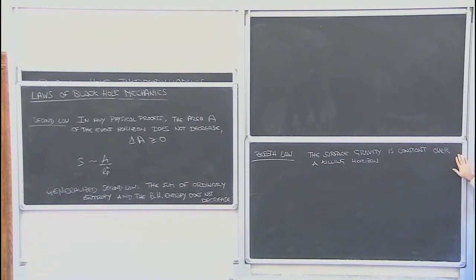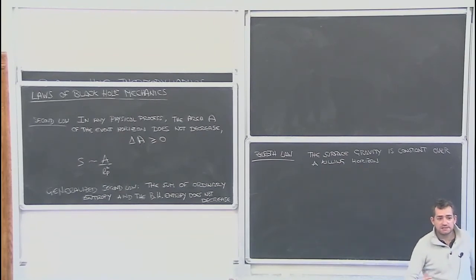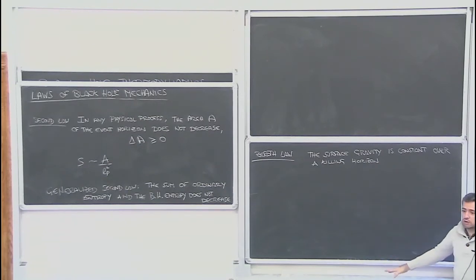Again, it's a property of general relativity, something that you can demonstrate in general relativity. And now we want to make the connection with thermodynamics. This is parallel to the zeroth law of thermodynamics, which says that the temperature at equilibrium is constant over the thermal ensemble.